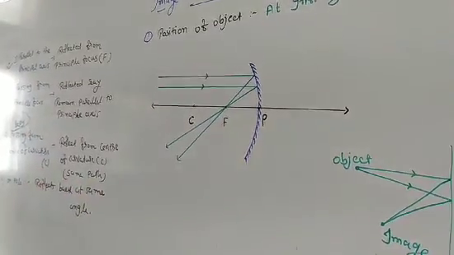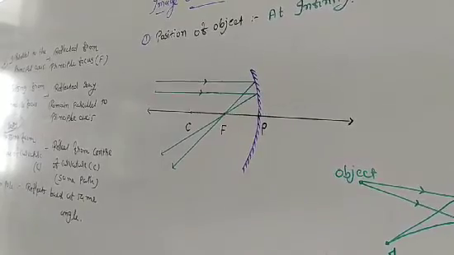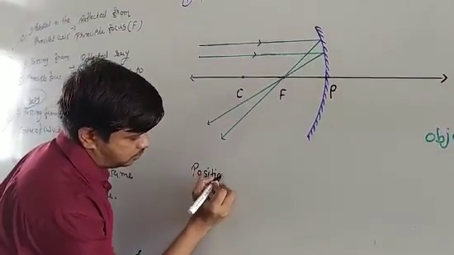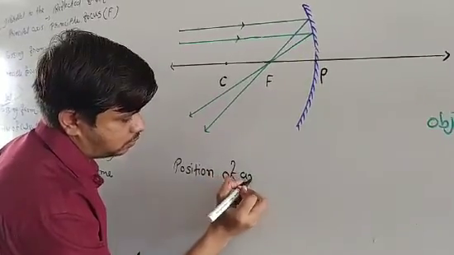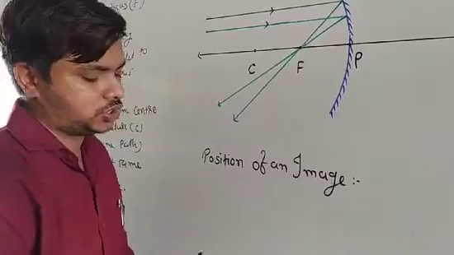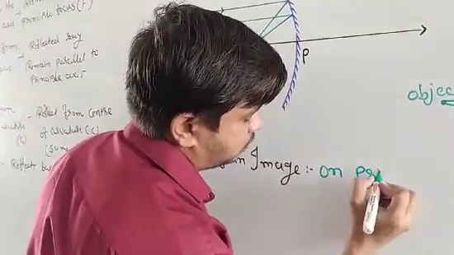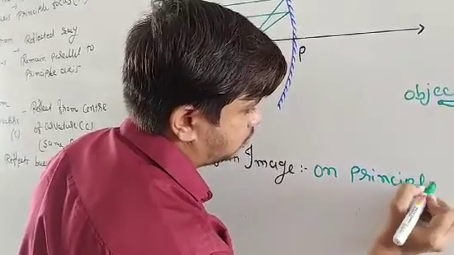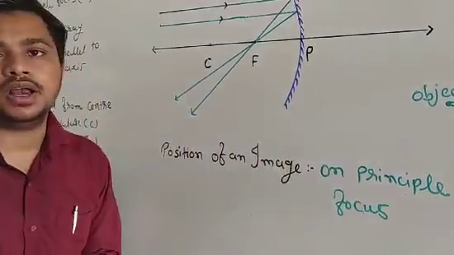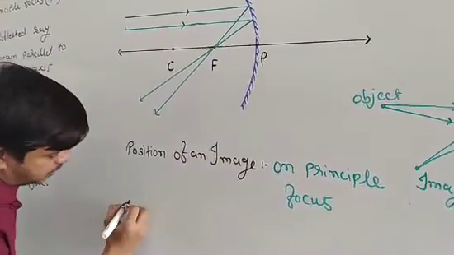So accordingly, we can say that the position of the image is on the principal focus. Understand?